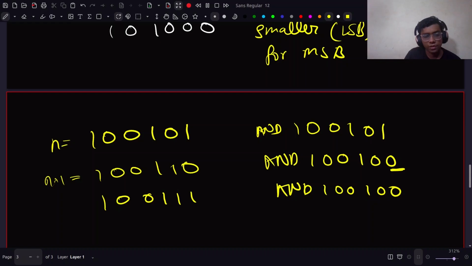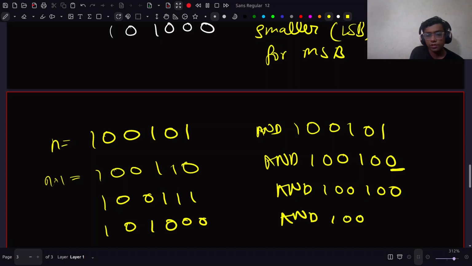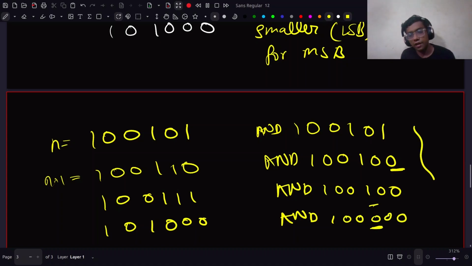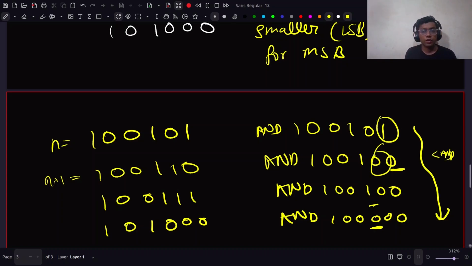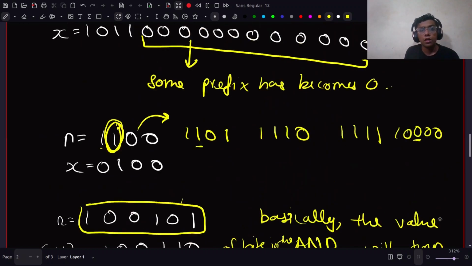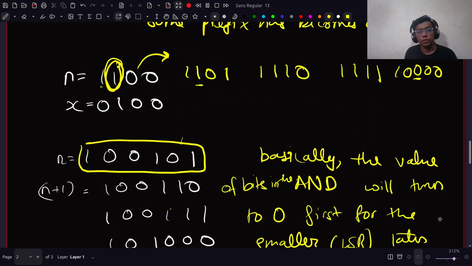Then if you do N plus 3, we get this value, right? And then in the AND, this bit also vanishes, right? So basically the AND gets smaller, the larger the number becomes, the smaller the AND will get, and the bits will get removed from right to left. Basically, the least significant bit to the most significant bit is getting removed, right?